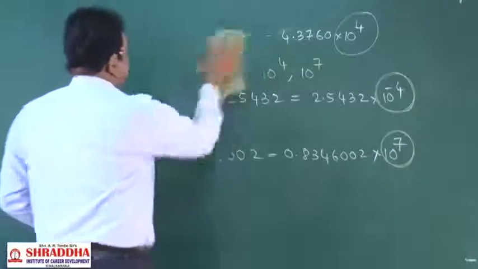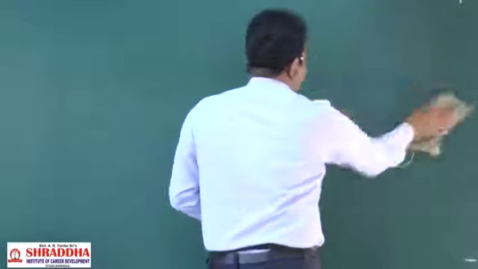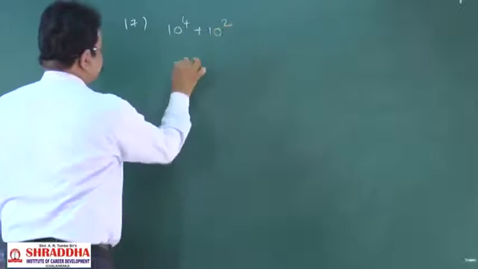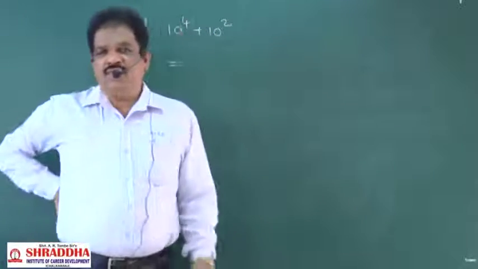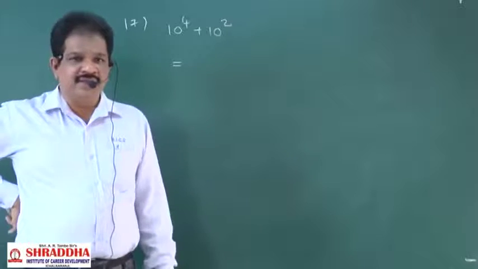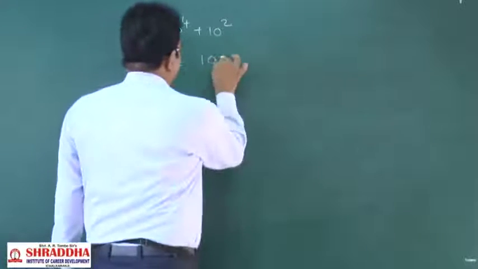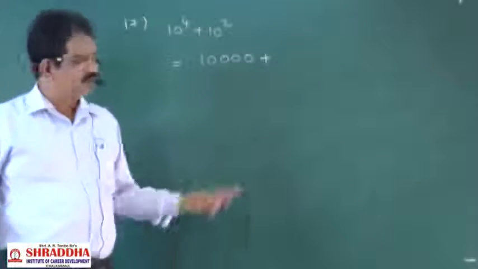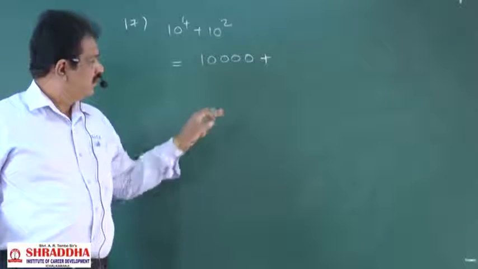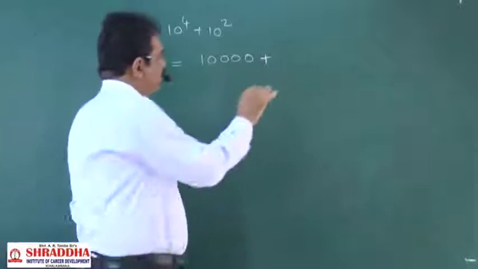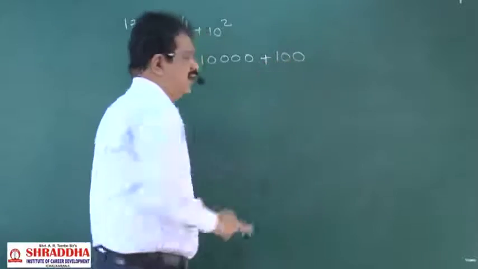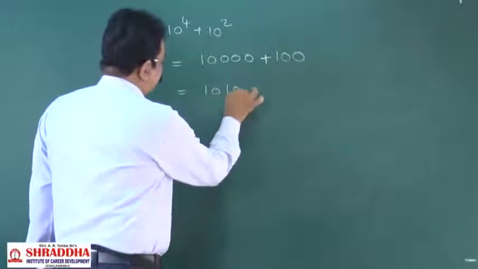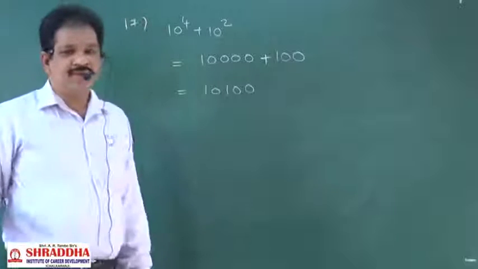So 17. What they are asking, see, 10 power 4, 10 square. For this, what is the order they are asking? So 10 power 4 means after 1 you place 4 zeros. 1, 2, 3, 4. Okay. 10 square means you write it as 100. So totally this value how much? 10,100. Okay.